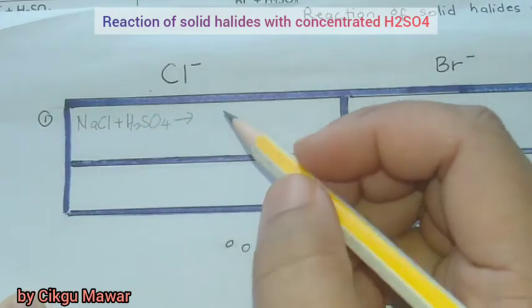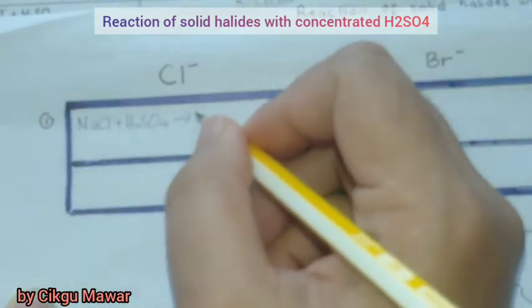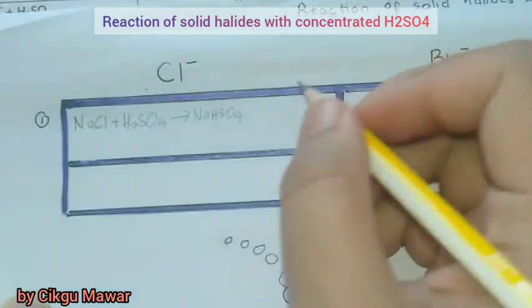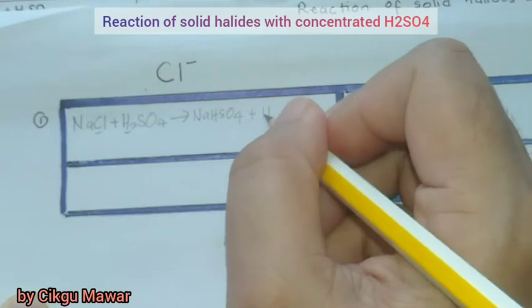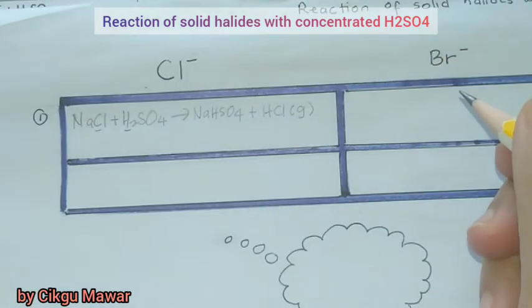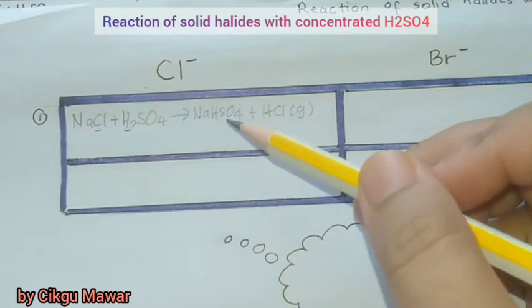For the first dissociation, it will form sodium hydrogen sulfate and HCl gas, which is a white fume. This is the first dissociation reaction of the diprotic acid.